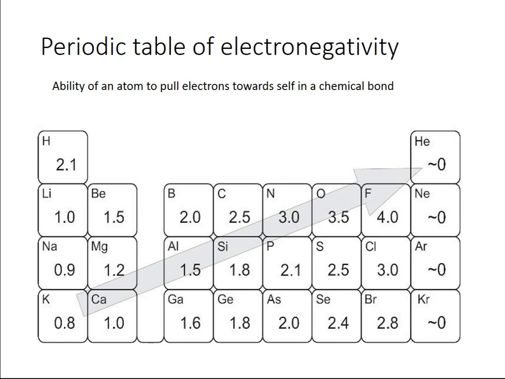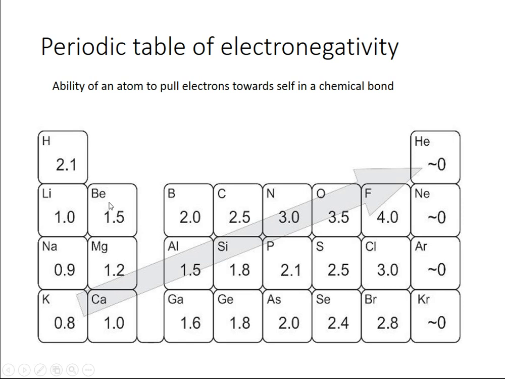So in terms of the periodic table, we see that as we go down, these numbers are decreasing. The electronegativity is decreasing as we go down the groups on the periodic table. So you can see here we have group 1. Lithium has higher electronegativity than sodium, which in turn has higher electronegativity than potassium down here.